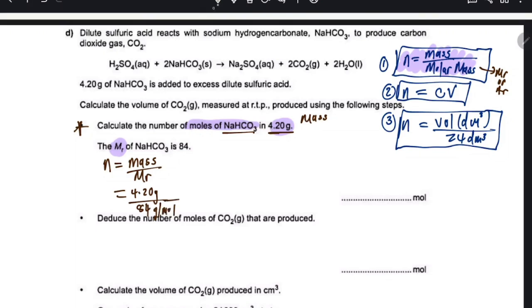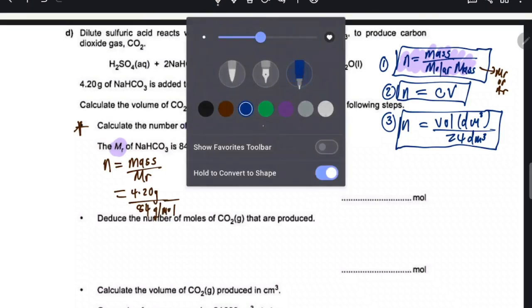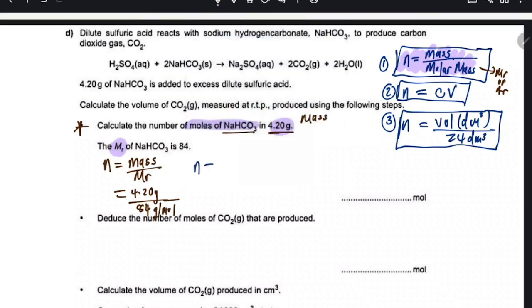So now, let's find the number of moles. What is the number of moles? 4.20 divided by 84. 0.05 moles. So this is 0.05.